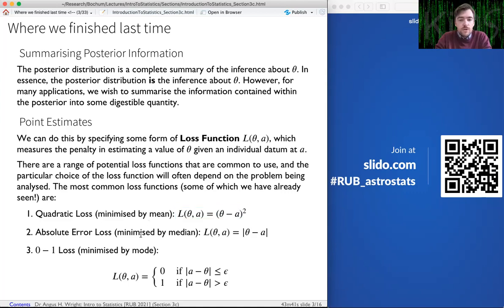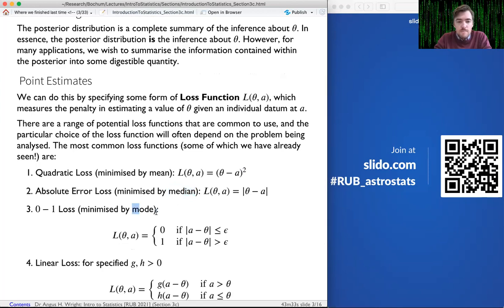We said that you could also take the median of the posterior, which is essentially minimizing the absolute error loss. You could use the mode, the maximum value of the posterior, and that's minimizing the 0-1 loss.